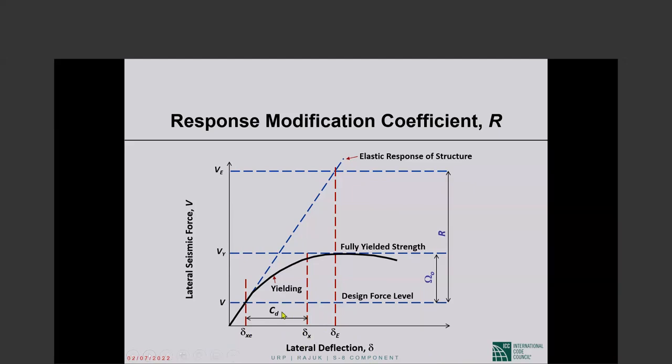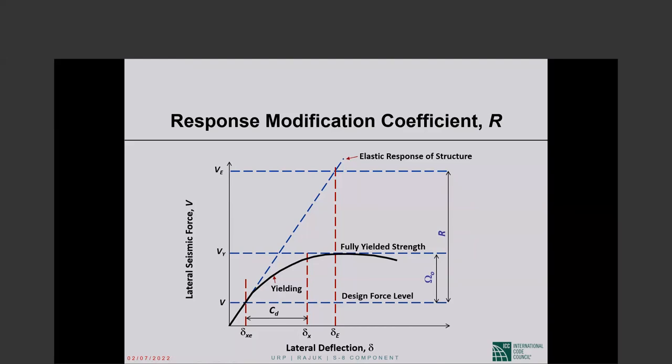C sub D is not the difference between the two, okay, as one might get the impression from the figure. So delta sub xe amplified by C sub D gives us delta sub x, the estimated design earthquake displacements.